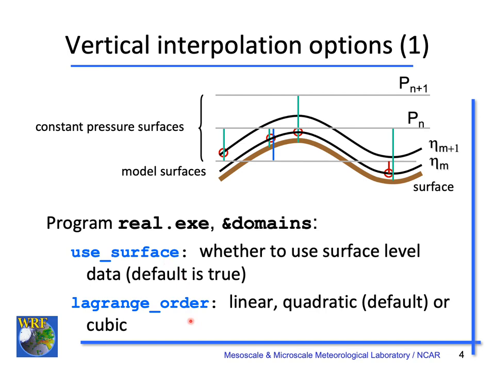For the vertical interpolation in the atmosphere, linear, quadratic, which is the default, or cubic interpolation orders are available. If the incoming data has coarser vertical resolution, usually higher order in vertical interpolation is better to use.